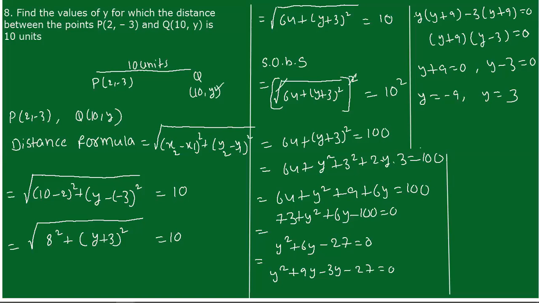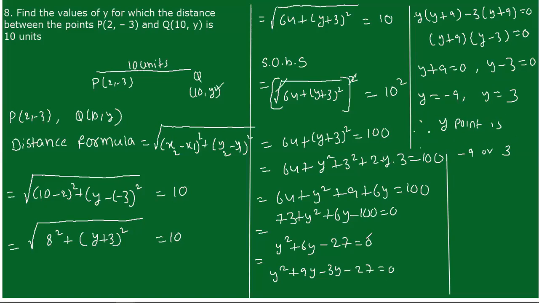These two are the possible values, either y equals minus 9 or y equals plus 3. Therefore the y value is minus 9 or 3.